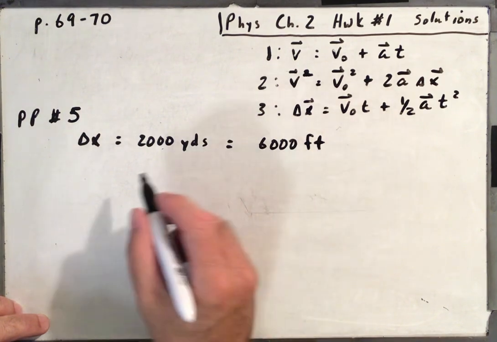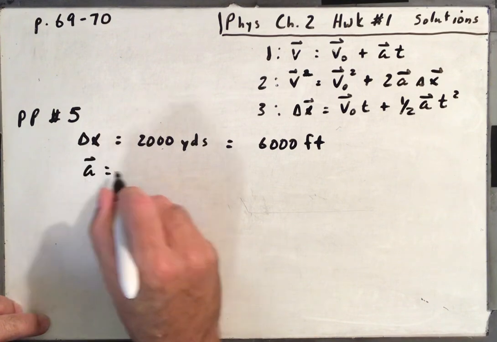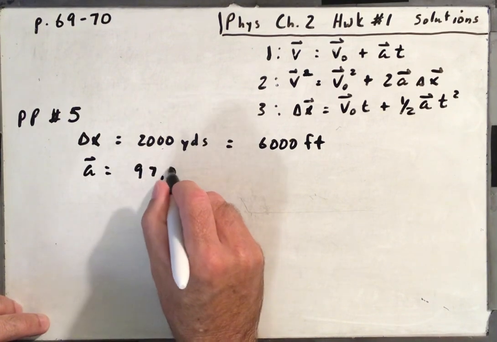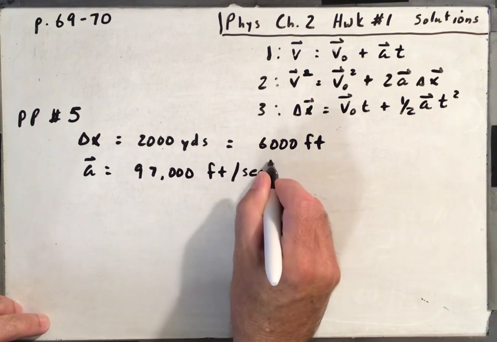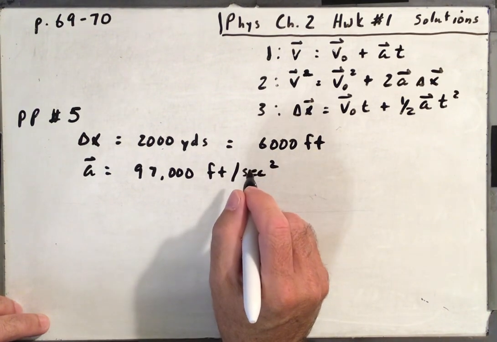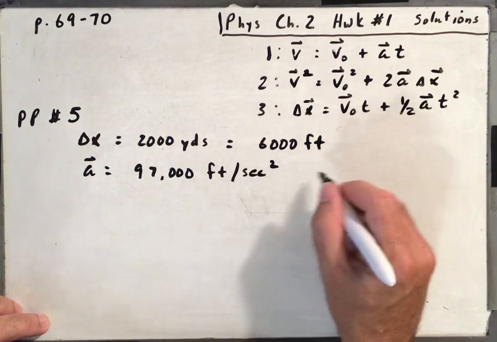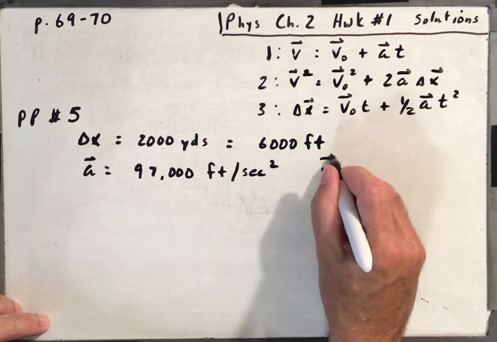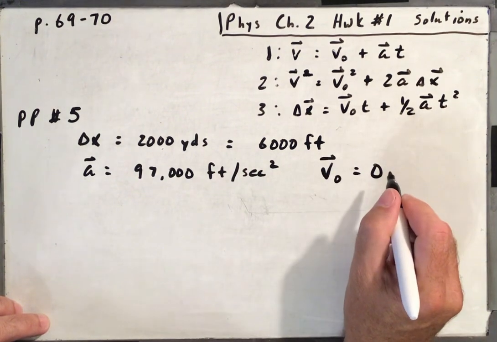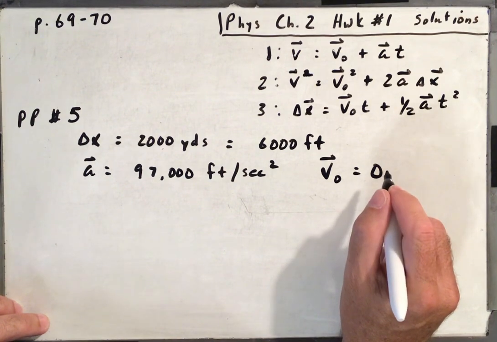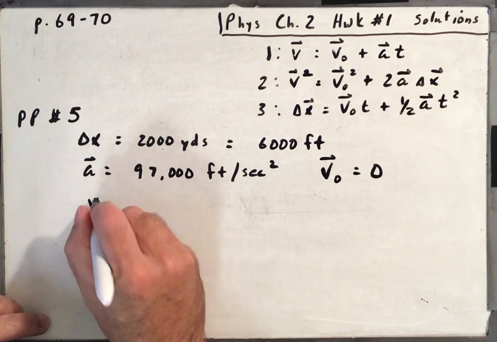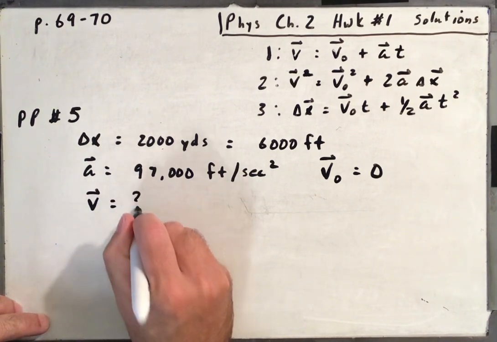Our acceleration is 97,000. Again, you can use scientific notation if you want. Feet per second squared. And we know that the initial velocity, starts from rest, is 0. And what is the rocket's velocity when it's finished accelerating? So we want to know final velocity.